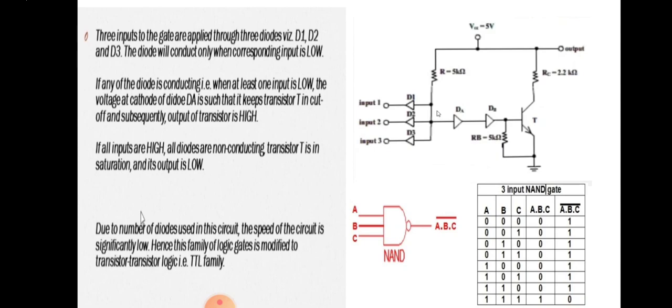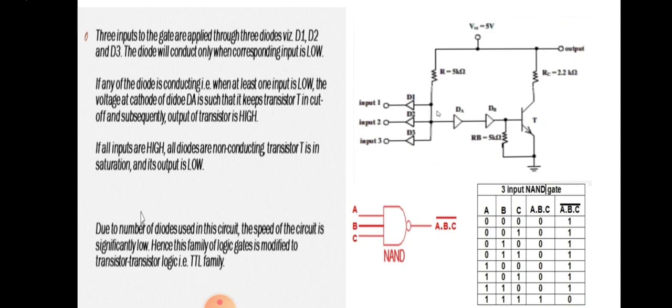And for all the rest of the conditions, only one condition, the last, that is if all the inputs are high, then the output will be low, and for all the rest of the conditions the output will be high, for all combinations of the input.